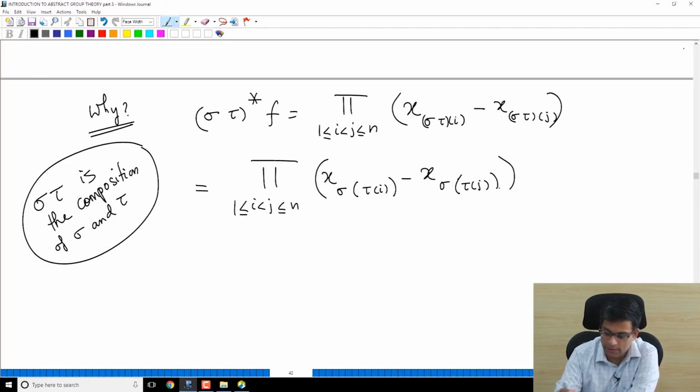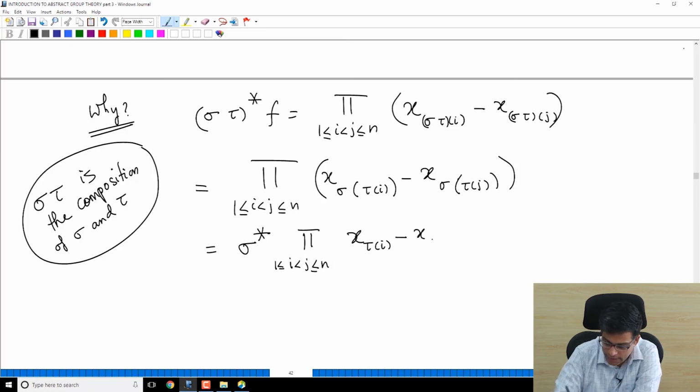I am not doing anything in this step. I am just observing that sigma tau of i is sigma of tau of i. Sigma tau of j is sigma of tau of j. But what is this? This is applying sigma to something. So this is sigma star of the product over 1 less than or equal to i less than j less than or equal to n of x tau i minus x tau j, right?